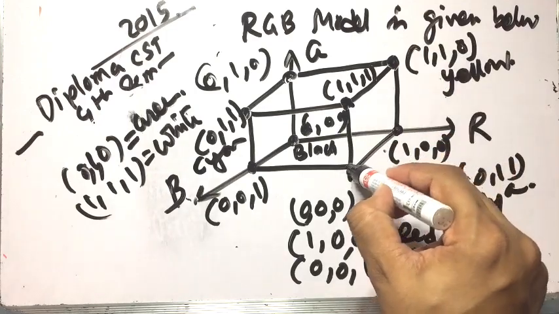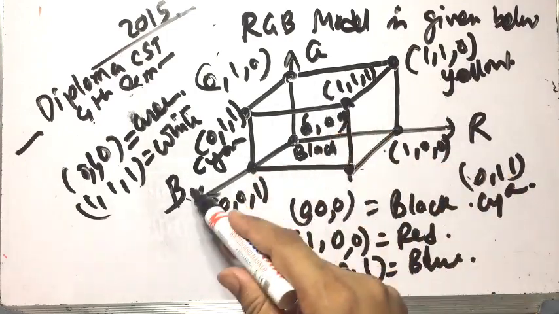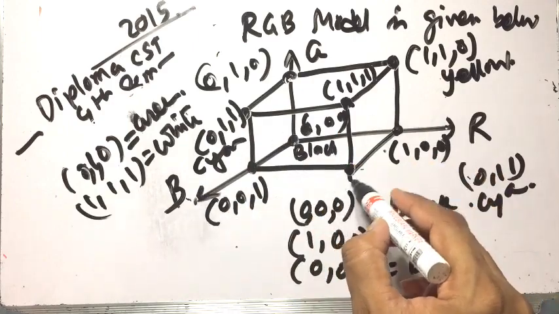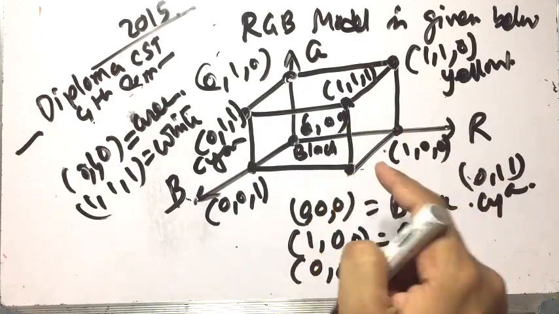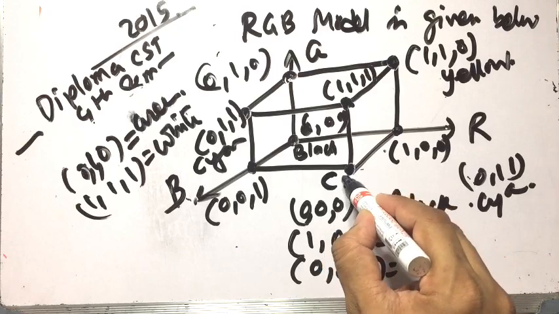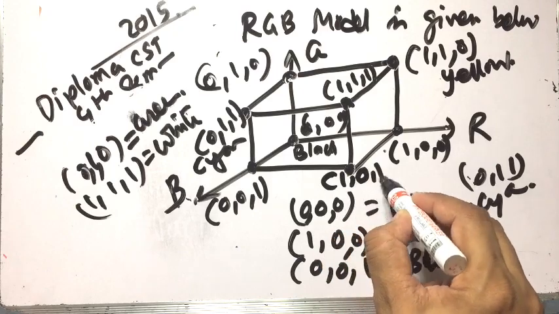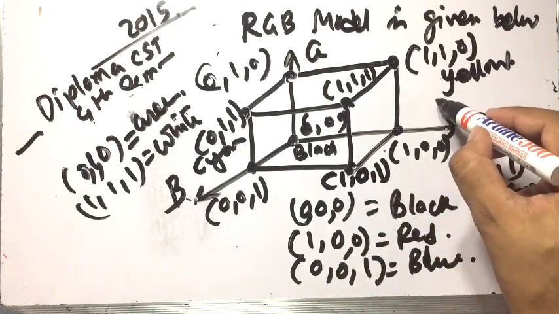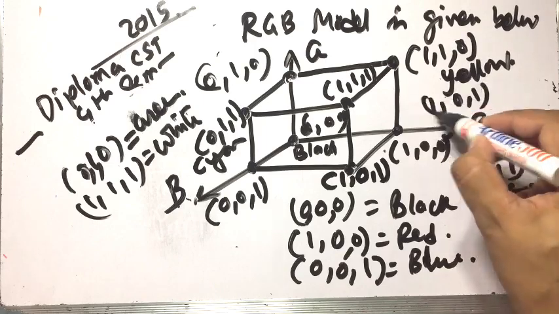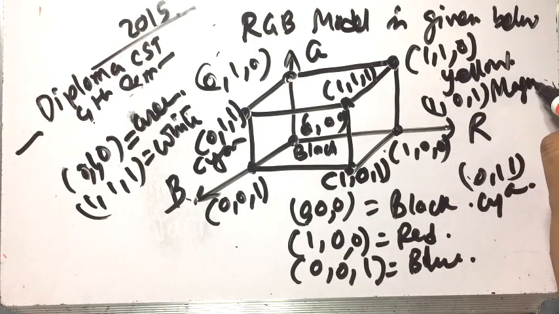This one is the plane of R and B, green is not there, 1, 0, 1, which is magenta. So this is the cubic RGB color model.